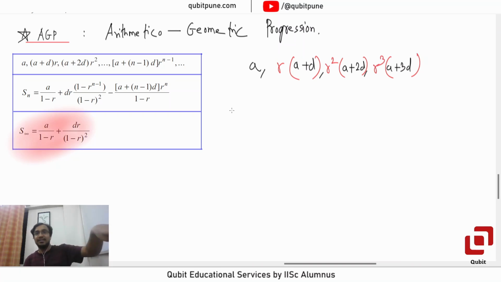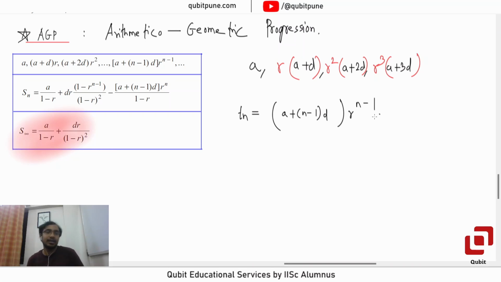Remember, don't take r first. Okay, it won't then remain either AP or GP also. Please take first the common difference. So a comes first. So first arithmetic and then geometric. Multiply by r. So a, (a plus d) r, (a plus 2d) r squared and so on. That is the AGP. So if I want to write the nth term here, what should I do? First nth term of AP, then r raised to n minus 1.